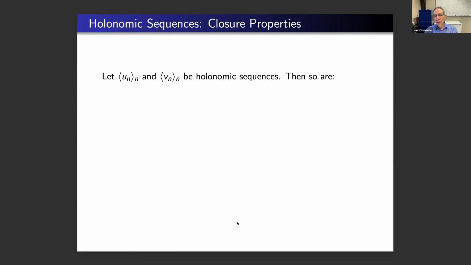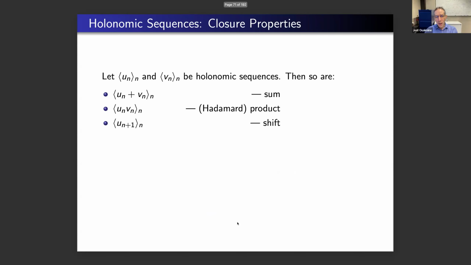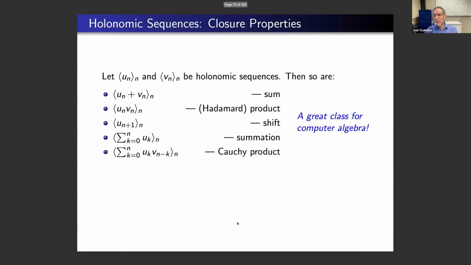And the good thing about holonomic sequences is that they have very nice closure properties. So for instance, if u_n and v_n are holonomic sequences, then you can take their pointwise sum, pointwise product. You can shift the sequence. You can take the sequence of partial sums. You can take the Cauchy product of the two sequences. And all of these things are again holonomic sequences, which makes it a great class for computer algebra, meaning for computer-assisted manipulation.